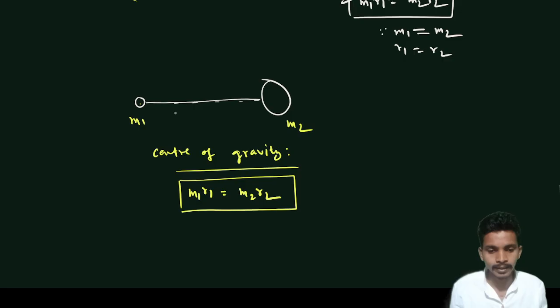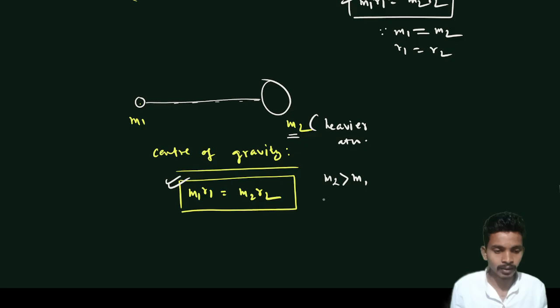Since m2 is greater than m1, because this is the heavier atom, and we have to satisfy this condition for the center of gravity, r2 should be less than r1. If m2 r2 is high on one side, the other has to be low to equal m1 r1.